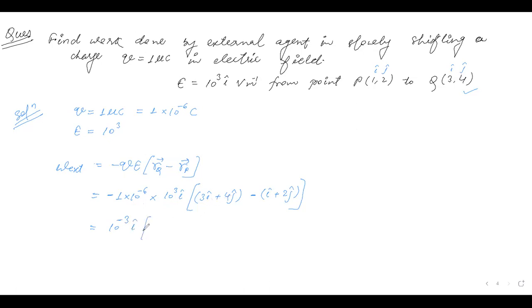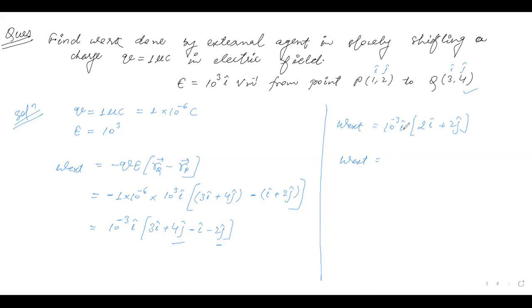In bracket, you can write here 3I plus 4j minus I minus 2j. Write down here W external is equal to 10 raised to the power minus 3 I cap. 3I minus I is your 2I and 4j minus 2j is 2j. 2I plus 2j.